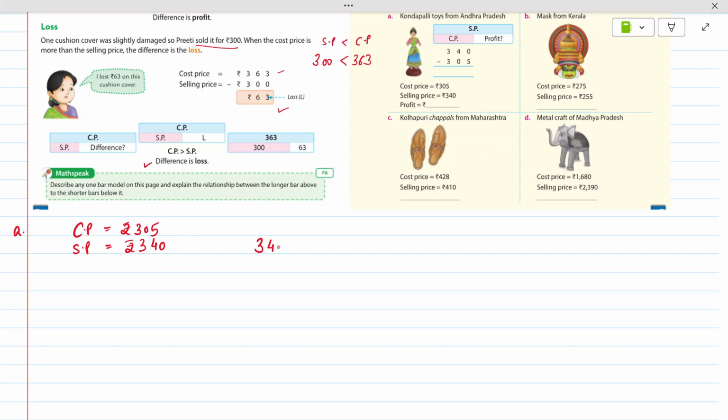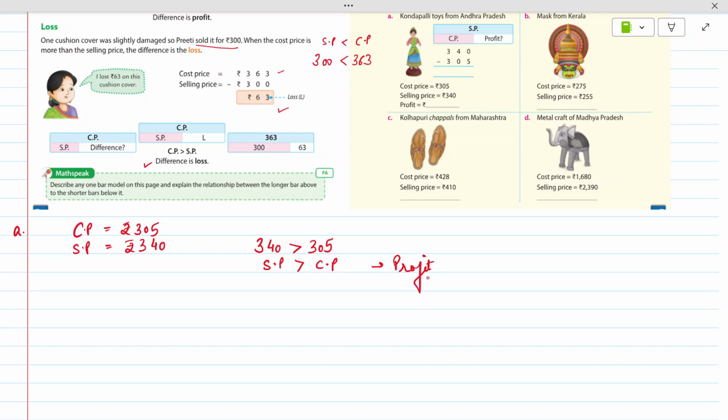That means the selling price of the toy is greater than the cost price. Now we know that if the selling price of a thing is greater than the cost price, it's a case of a profit. So the first one is a case of profit.